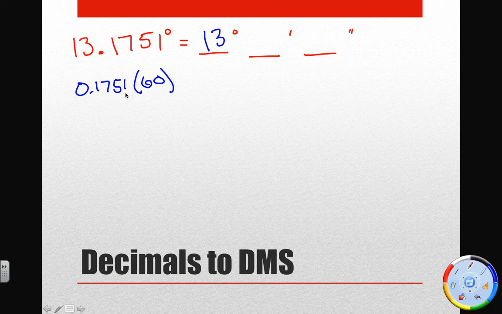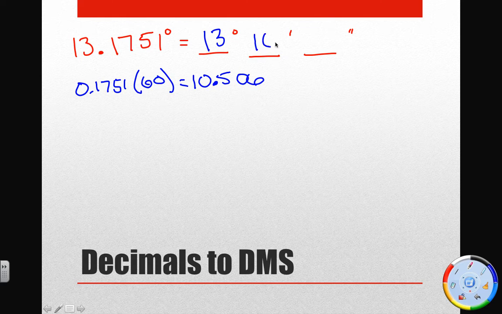So I need to know how many minutes 0.1751 represents. So I do it really quick. 0.1751 times 60, I get 10.506.